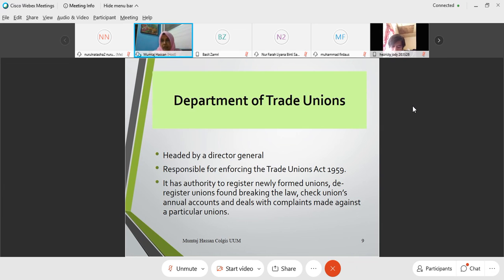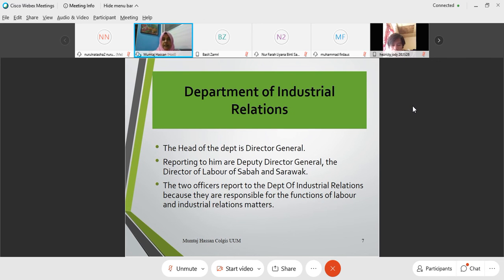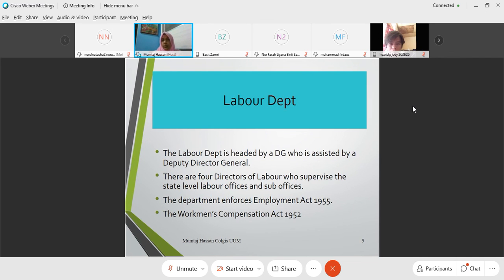Okay, the Department of Industrial Relation is Jabatan Perhubungan Perusahaan. It's two different things. Jabatan Perhubungan Perusahaan, this one. And the Labour Department is Jabatan Buruh. These are two different things.